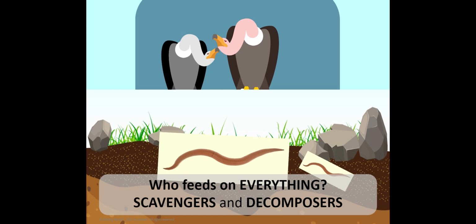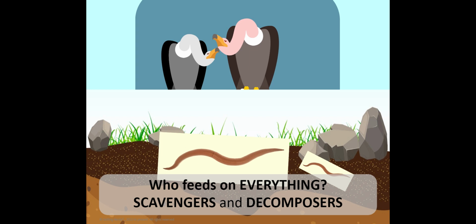Who feeds on everything? Scavengers and decomposers. Find the box that says who feeds on everything. At any level of the food chain, an organism can die and become food for these guys and fungi. It's a bad science joke.